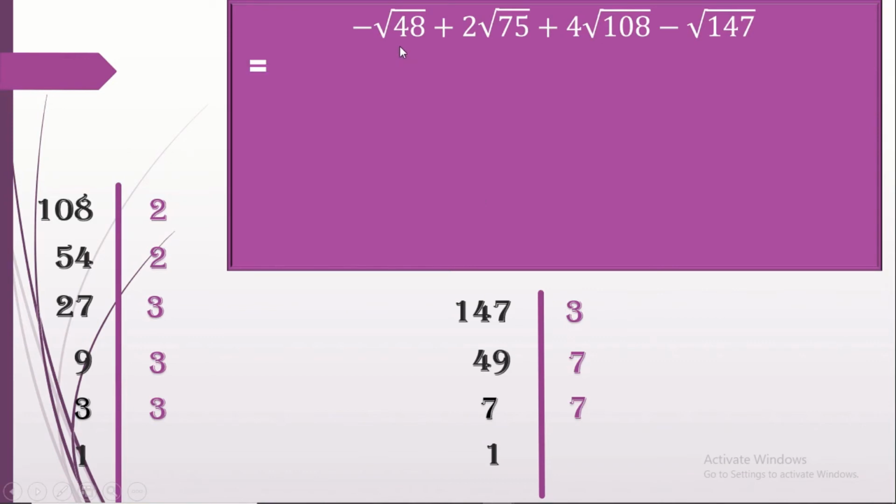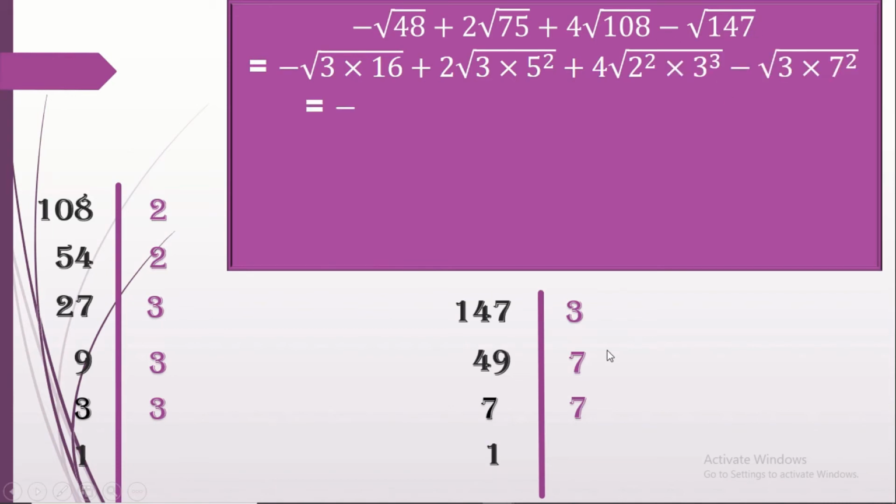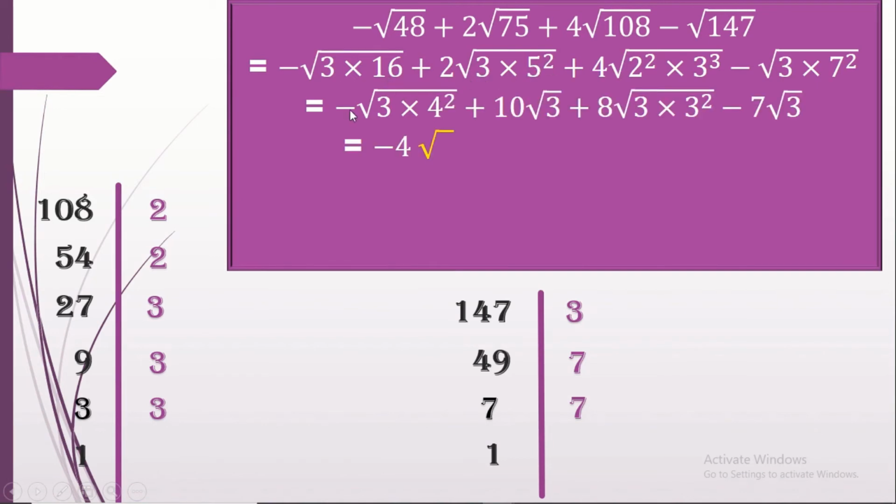Here, sure, 48 we can easily decompose as 3 times 16. 75 is 3 times 25. 108, we can write it as 3 times 36, or we can write it as 2 squared times 3 cubed. We simplify it. 147 is also 3 times 7 squared. Now 16 is 4 squared. 25 is 5 squared, we write it outside the radical. 5 times 2 is 10.